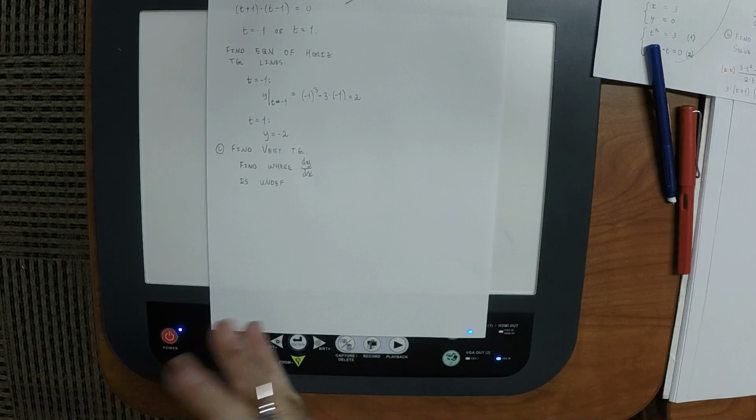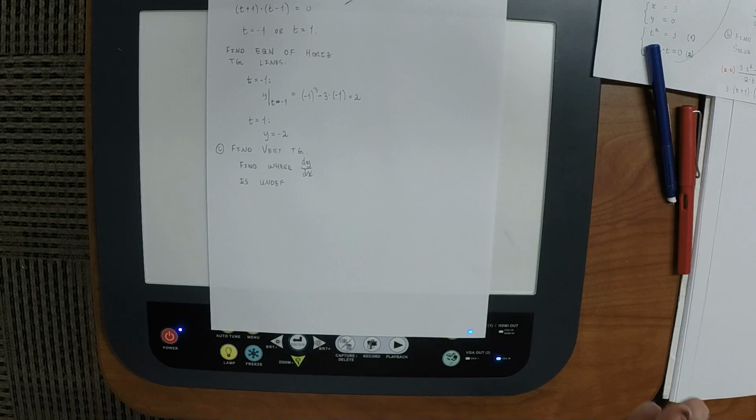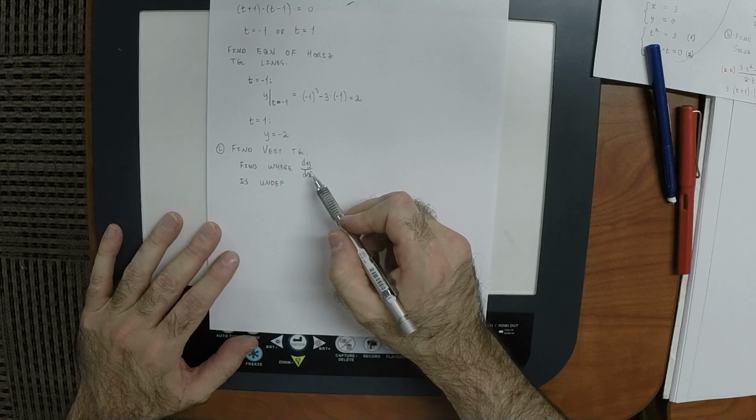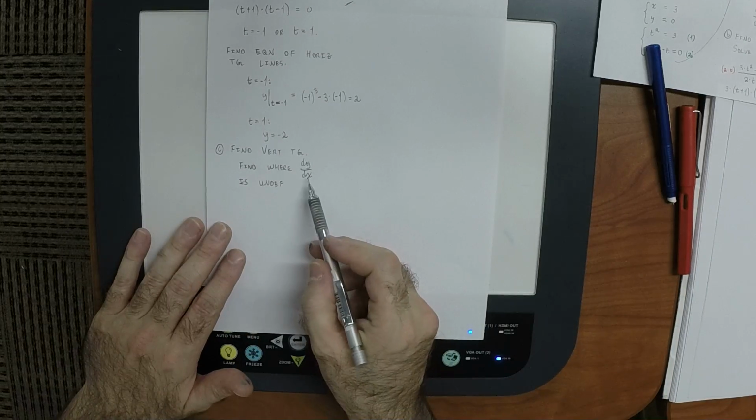It's necessary because for a vertical tangent this will be undefined, but it's not sufficient because this is undefined for absolute value.